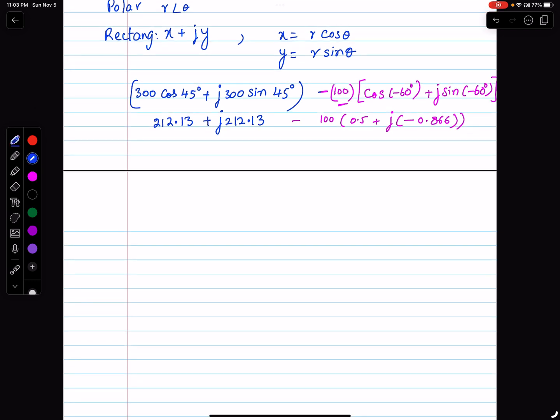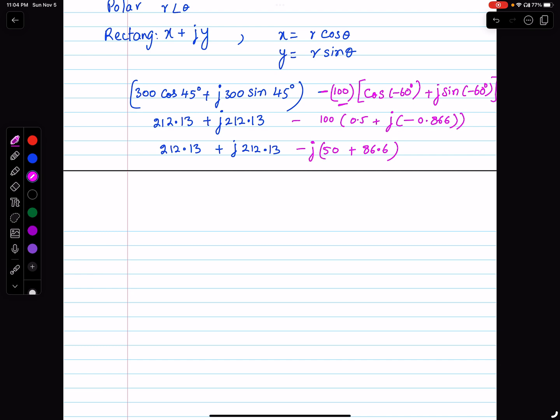It comes out to be 212.13 plus j 212.13. And then the second phasor is 50 plus 86.6, all of that multiplied by j.